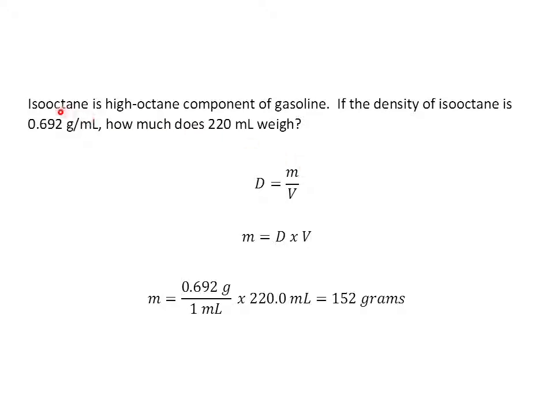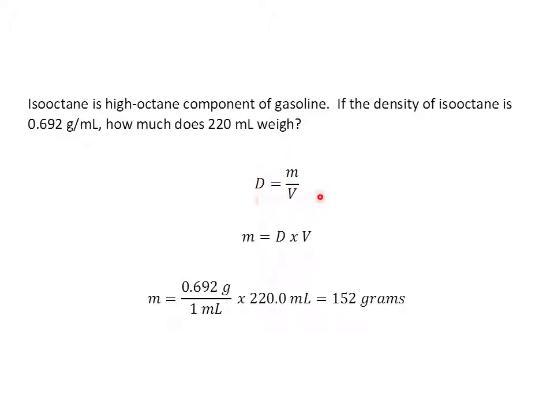In our next problem, we have isooctane, which is a high octane component of gasoline. And they say if the density of isooctane is 0.692 grams per milliliter, how much does 220 milliliters weigh?